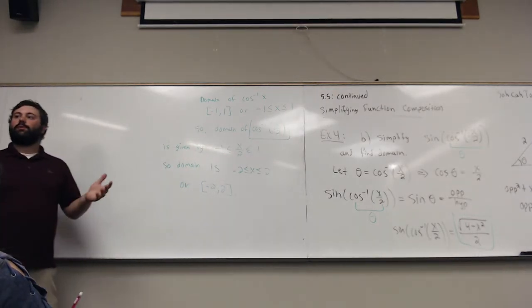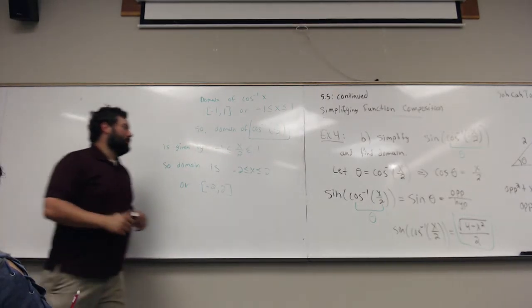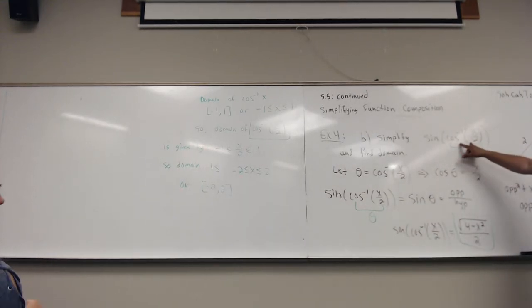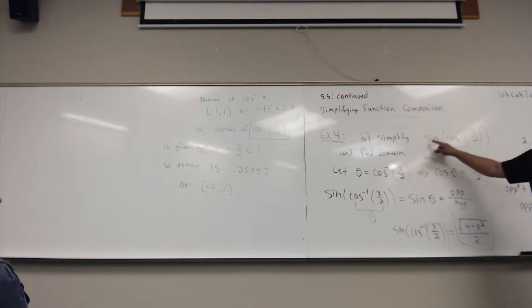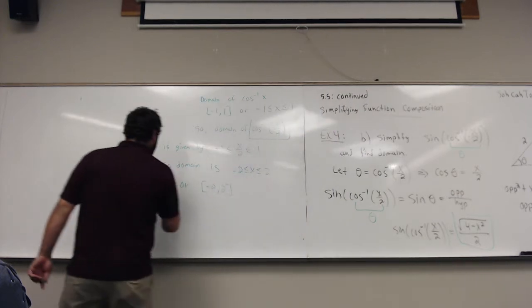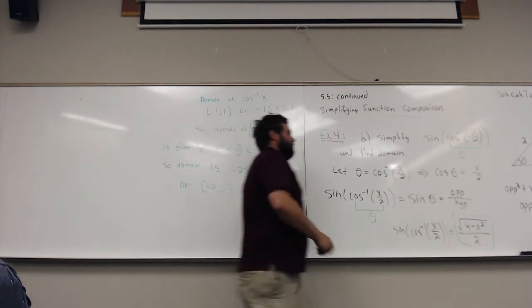And here's where you'd have to be careful. You can plug anything between -2 and 2 into the inside function. You'd have to be careful that things in the range of this function are in the domain of the outer function. But the domain of sine is all real numbers. So the domain of the original function is also -2 to 2.